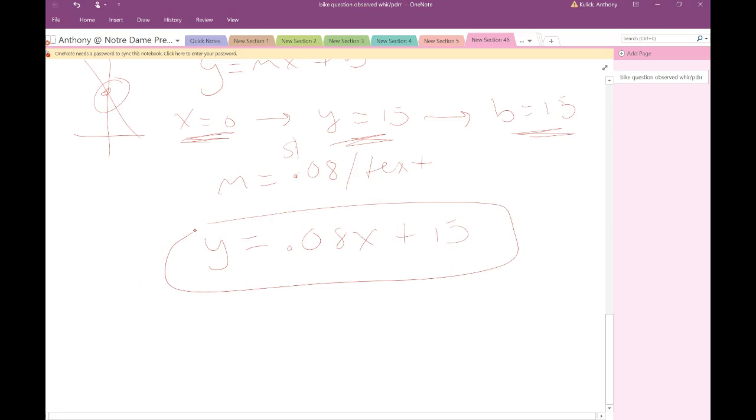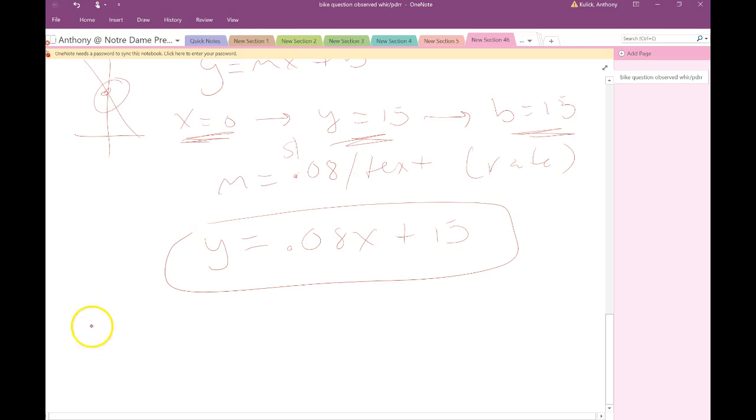There's my linear function then, right? Because 8 cents per text is exactly a slope, because it's a rate. So when you're given a rate in a problem, almost inevitably that's going to become the slope, if you have something per something else. Yeah, so let's do that next.